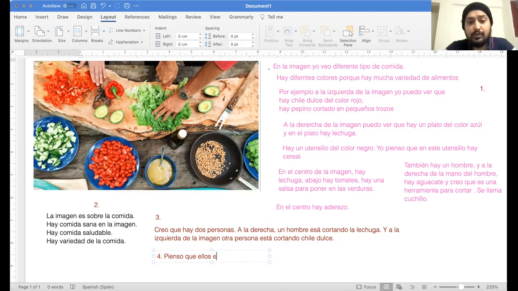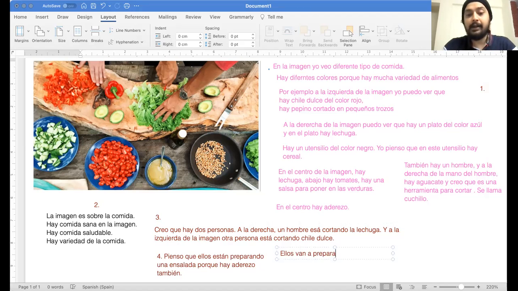Pienso que ellos están preparando una ensalada porque hay aderezo también. There is dressing also. They are preparing, or you can also say ellos van a preparar la ensalada.